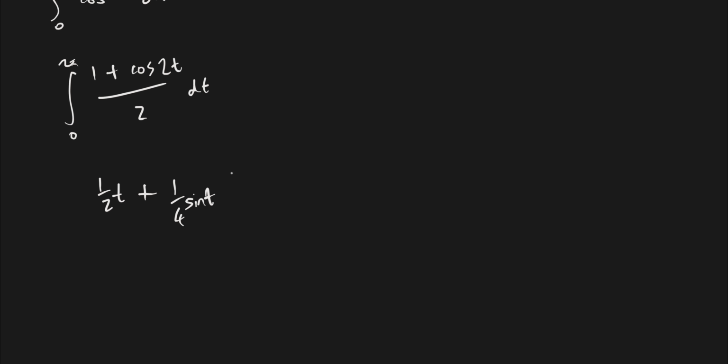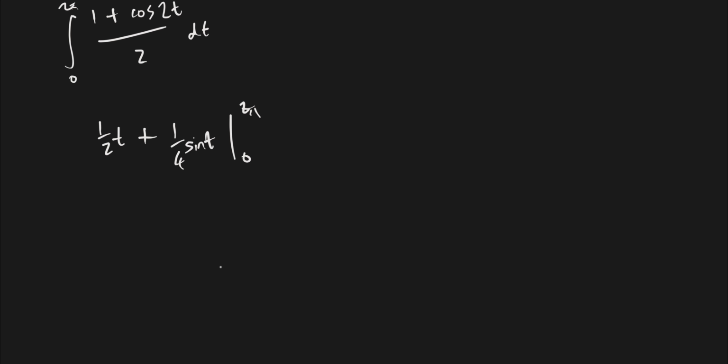And we're going to evaluate this from 0 to 2 pi. So we're going to have pi, and then sine of 2 pi is just 0. So our final answer is just pi.